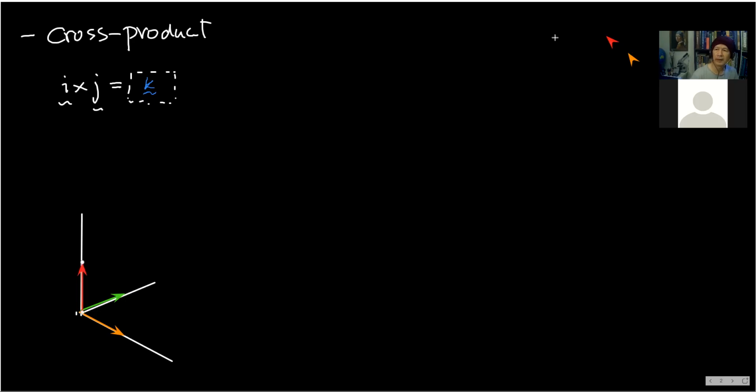They are all unit vectors because their magnitude is always one. So this is 1, 0, 1. This is x and y. Yes, you can apply your right hand rule here. How about i cross product k?